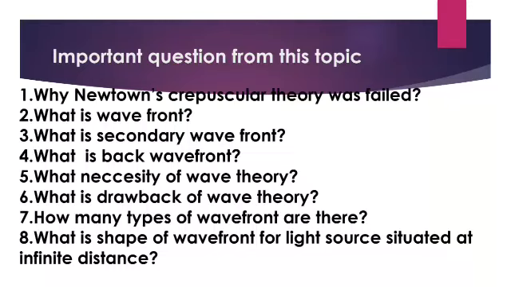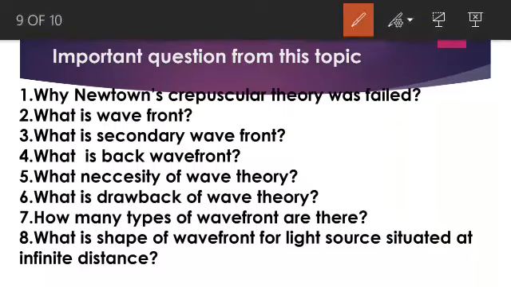The first question could be: why was Newton's corpuscular theory failed? Sorry, there is an error in spelling. We have discussed that Newton's corpuscular theory could not explain interference and diffraction, so it failed. The second question: what is wavefront?